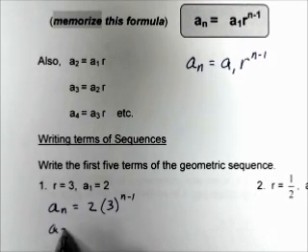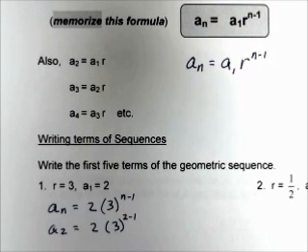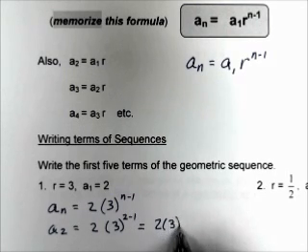So our second term would equal 2 times 3 to the 2 minus 1. And 2 minus 1 is 1. So this would be 2 times 3, which is 6.